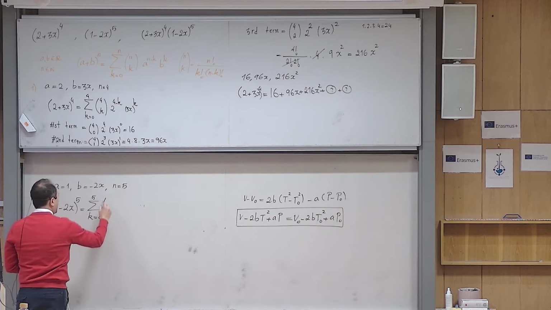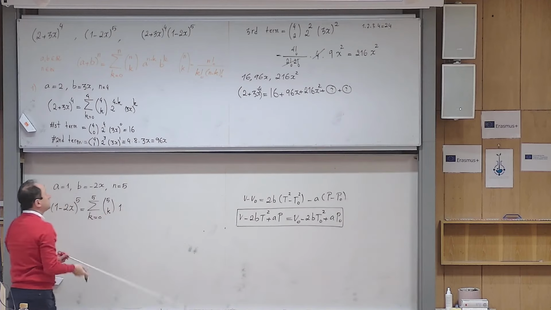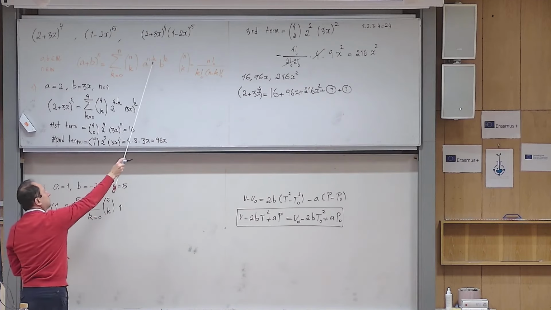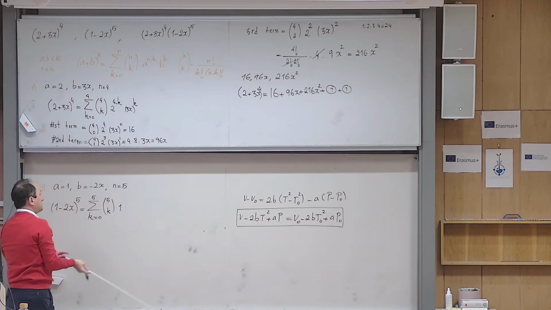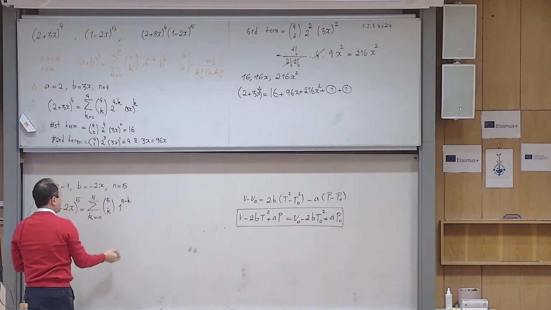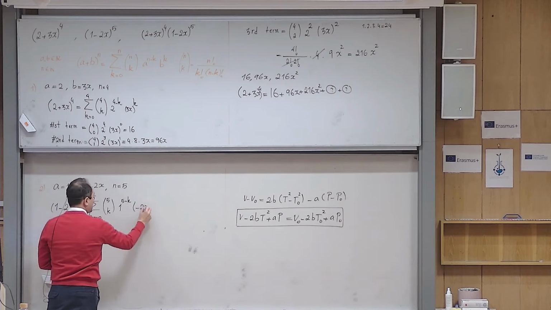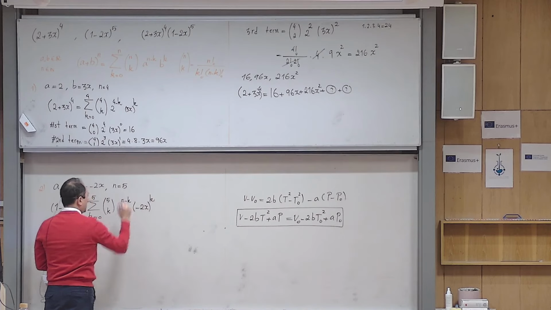And then I have n choose k, in this case 5 choose k. And then I will have the first term, which is 1, to the power, as you see here, n minus k, but n is 5, so it becomes 5 minus k. And then I will have b, but b is negative 2x, be careful about that point, to the power of k.